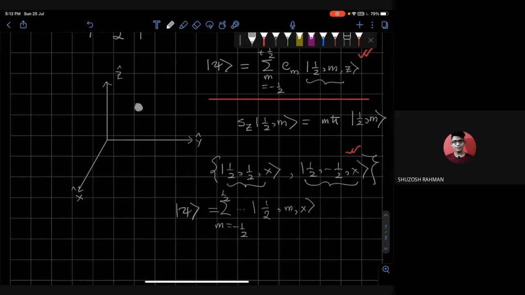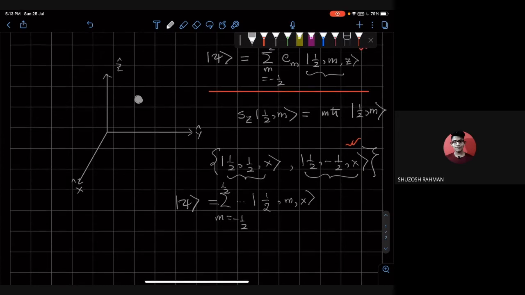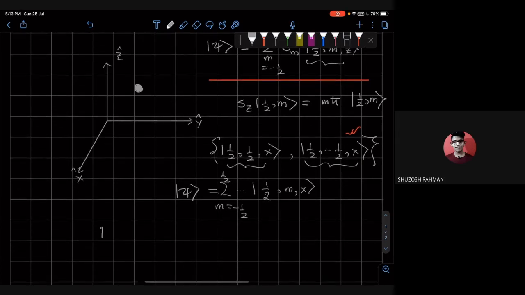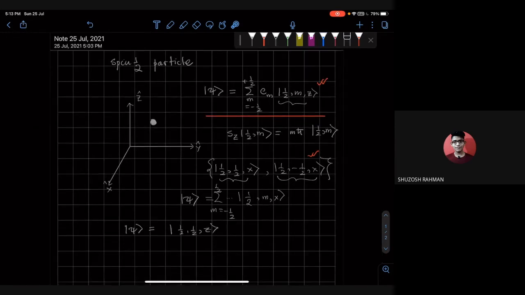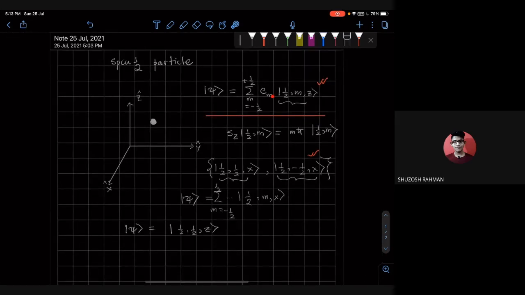Now, suppose by happenstance, not by design, our state psi happens to be half z, okay? So in that case, what are the values of this c? What is c minus half? 0. Right, what is c plus half?